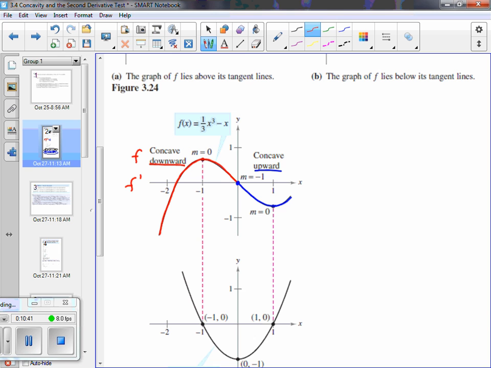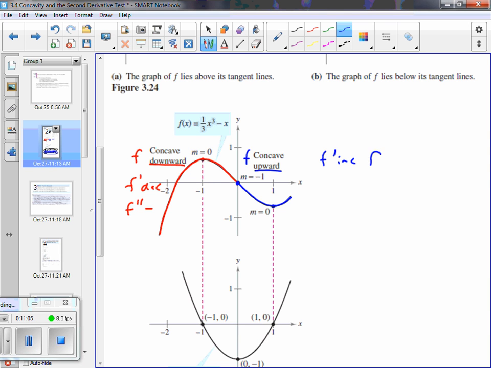Concave down tells us what about F prime? Decreasing, which tells us what about F double prime? Negative. The blue, concave up, that's F that's concave up. What's that tell us about F prime? Increasing.